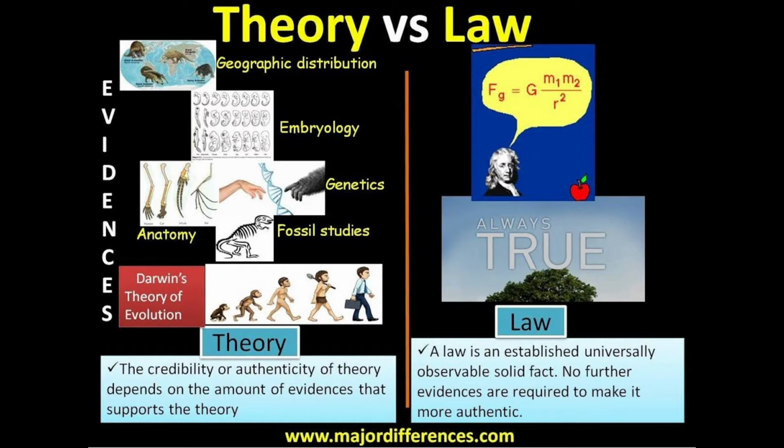A law is an established, universally observable, solid fact. No further evidence is required to make it more authentic. Just like I mentioned before, no matter in what part of the universe you are at, whether here on Earth, on the moon, or, I don't know, out of this galaxy, that specific law is going to apply there.